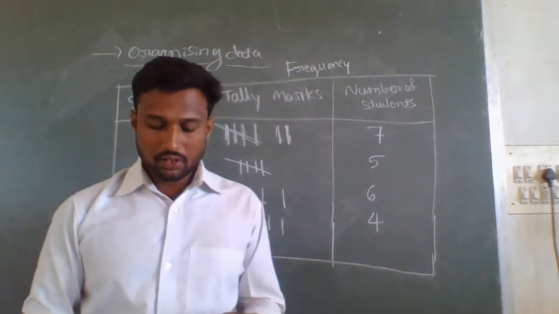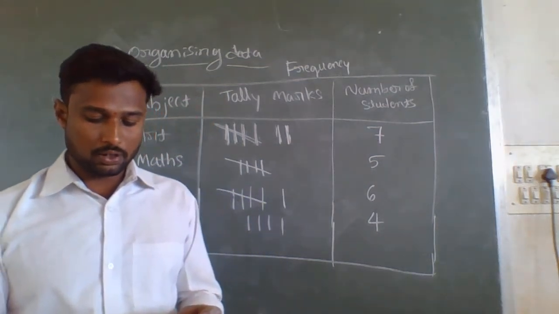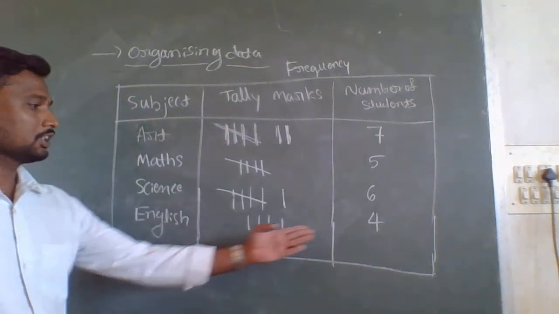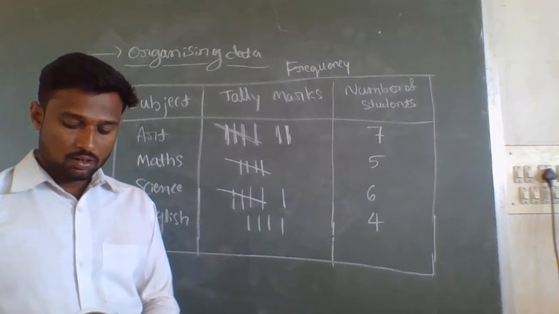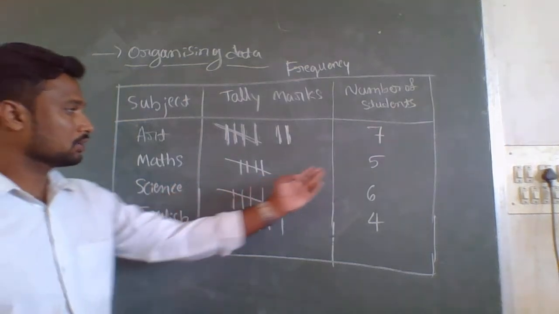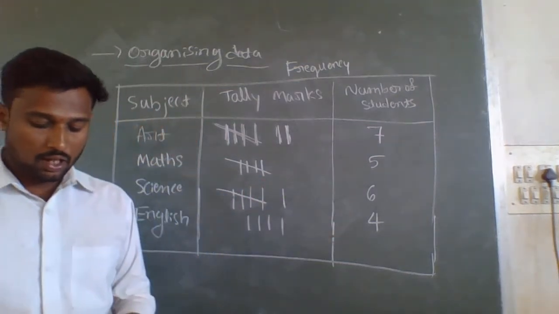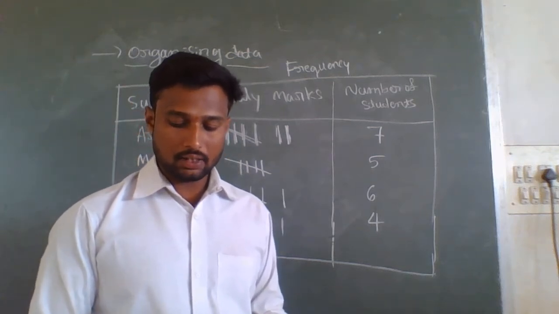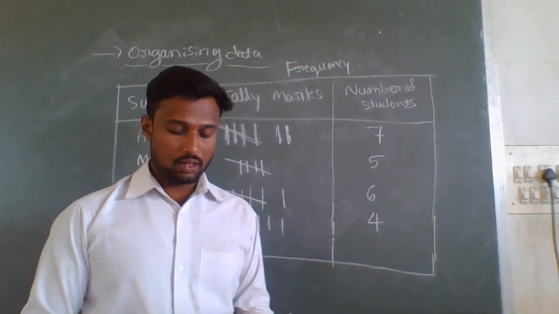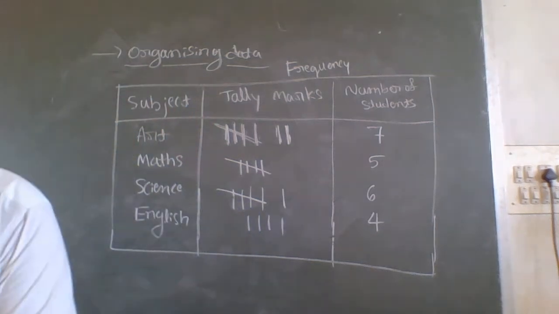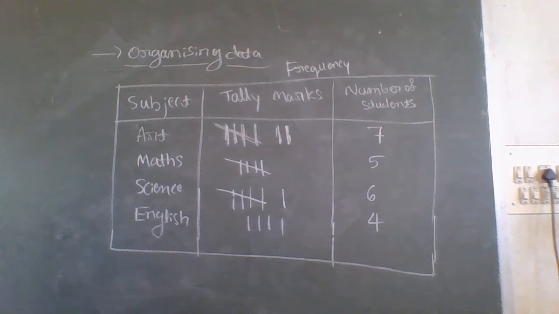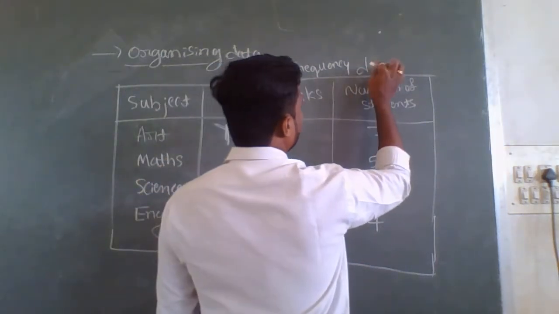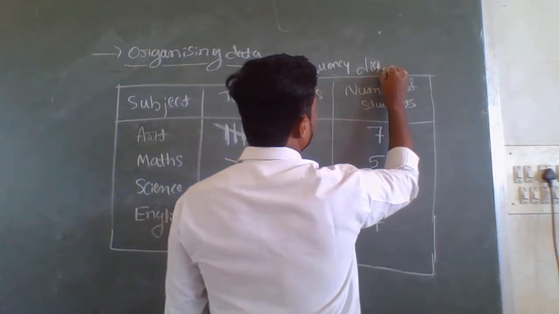In this example, the frequency of students who like English is 4, and who like mathematics is 5. The table made is known as a frequency distribution table, as it gives the number of times an entry occurs.